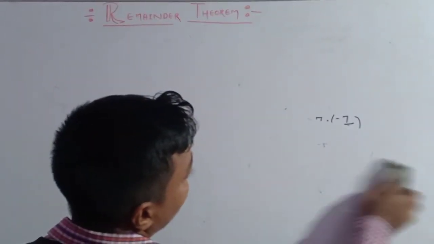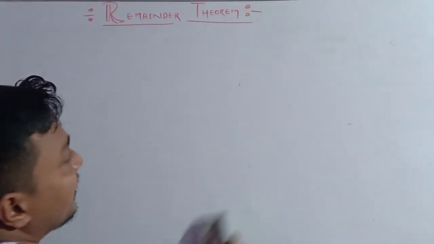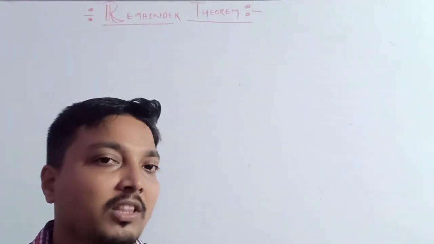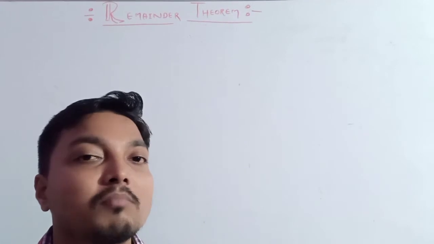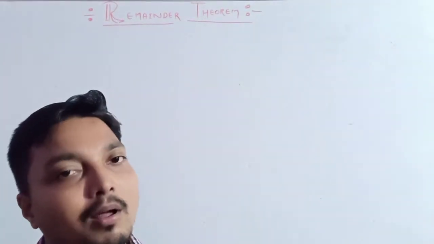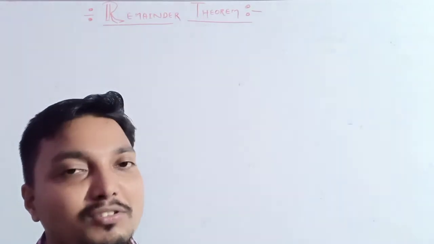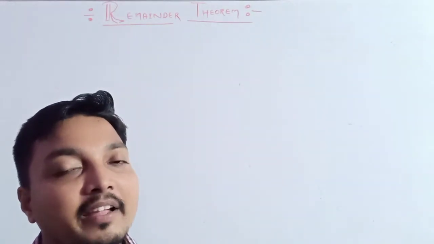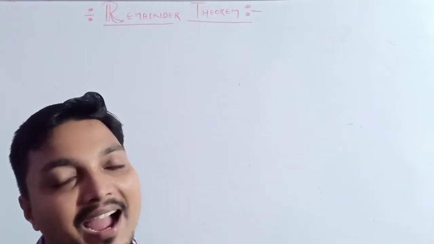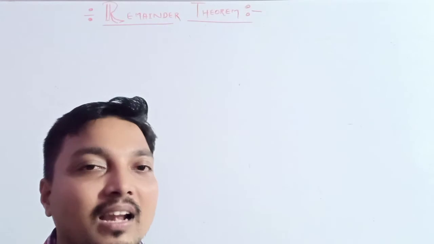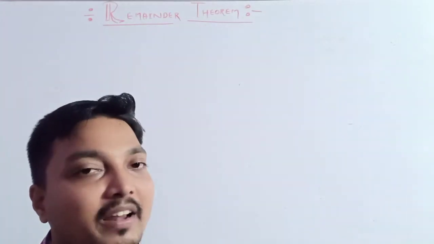We have already done all the questions of exercise 2.3 by using the remainder theorem, but I have not yet given you the final statement. You have already applied it in all the questions we have done so far, but only now I have to tell you what the statement of the remainder theorem is.